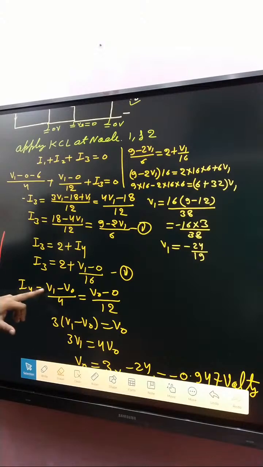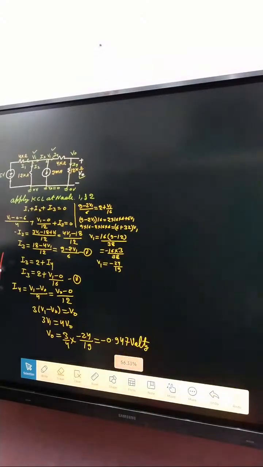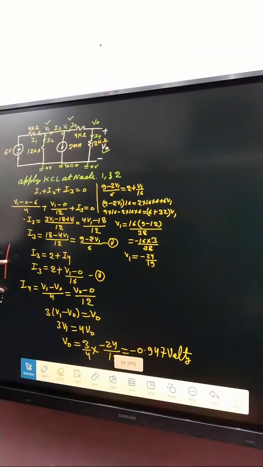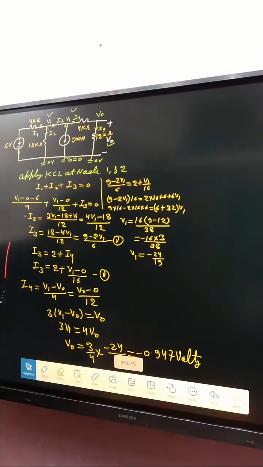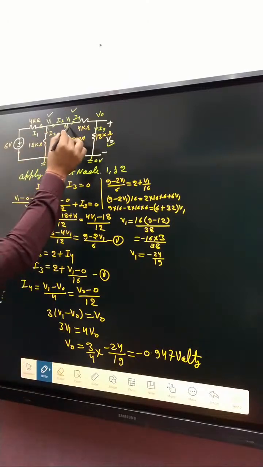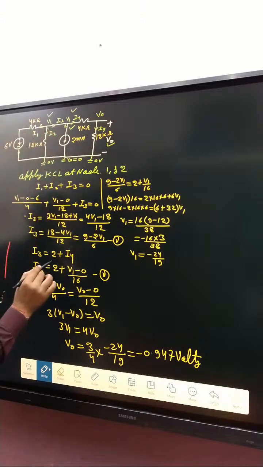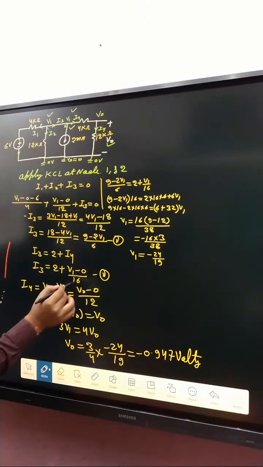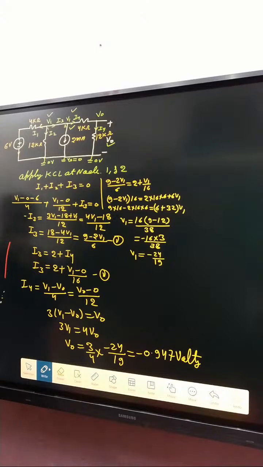So I4 is V1 minus V0 divided by 4. Basically, if you see very carefully, look here. If you apply KCL at that node, I3 is equal to 2 plus I4. I4 is V1 minus 0 divided by 16. Okay, clear?